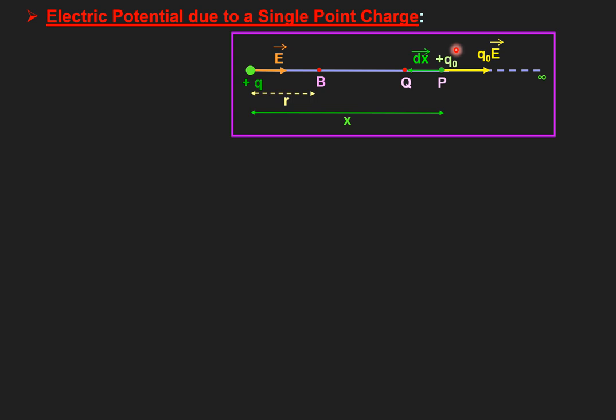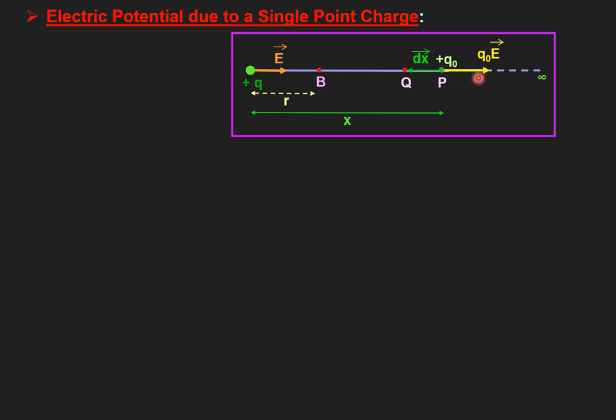We expect an electrostatic repulsive force. On this test charge, the force will be along the positive x-axis direction. How much force? Q naught times E. So this electrostatic force will be repulsive in nature and along the positive x direction.